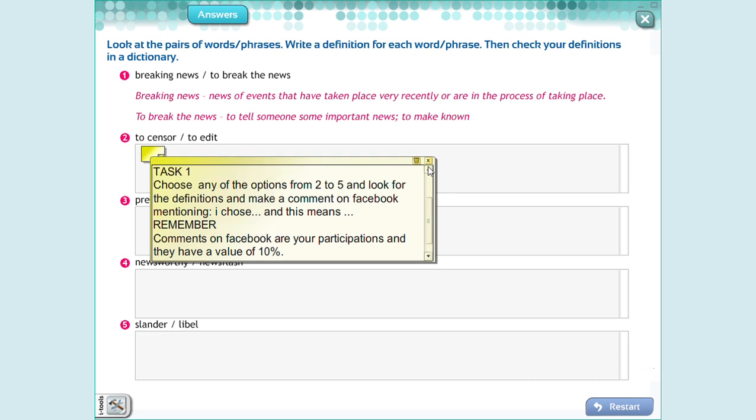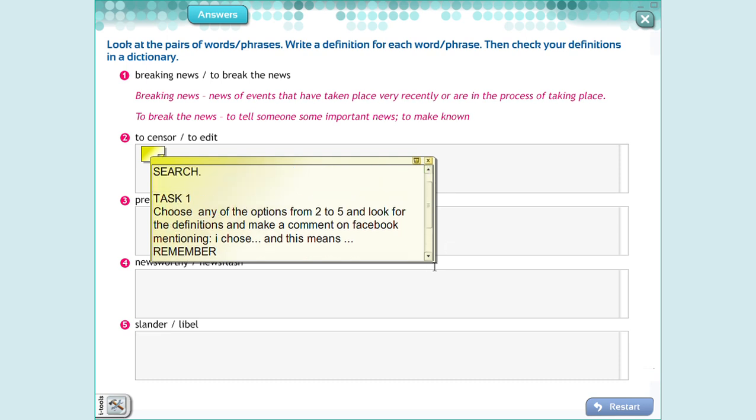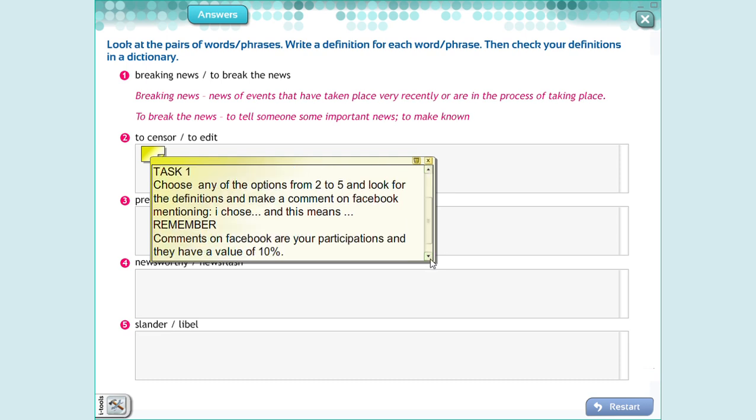So I'm going to put this up just to check that you know what you have to do. Again, you have to choose from options 2 to 5. Look in the Google search or in the WordReference application for the definition, and make a comment on Facebook mentioning I choose this, and this means whatever you find in the dictionary.